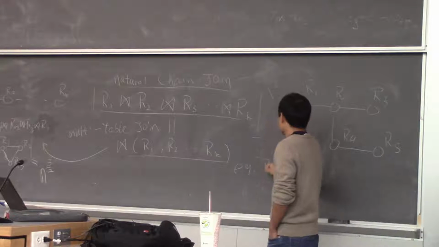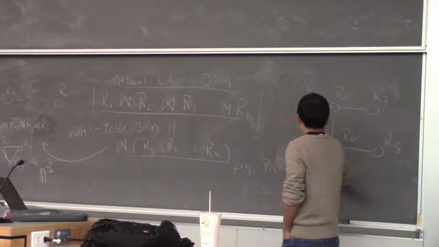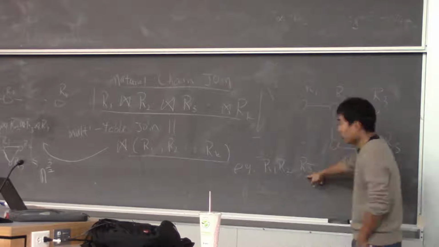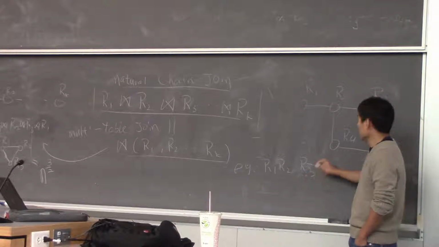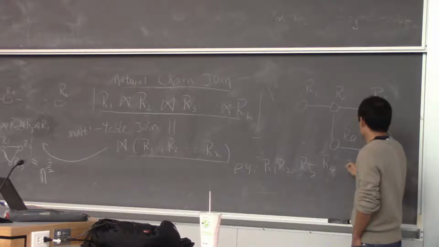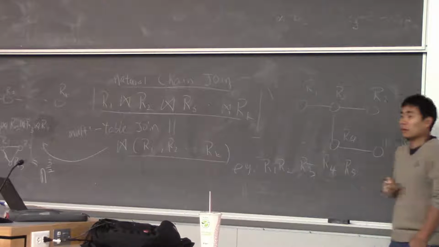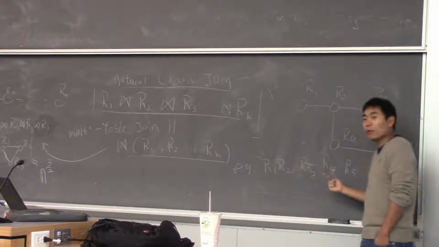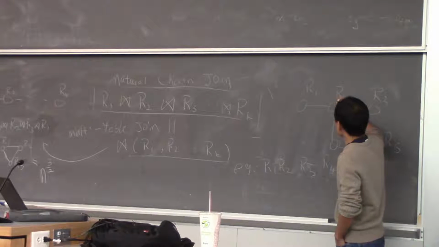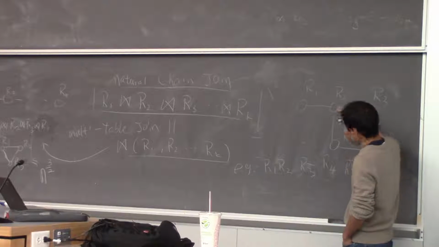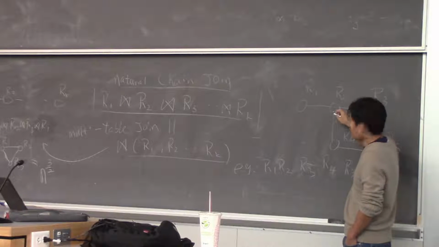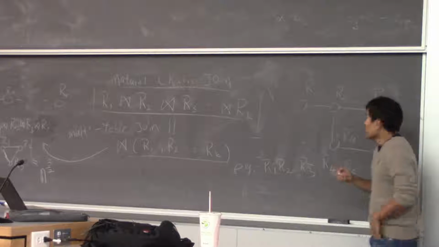One order will be this, but at this point, you join with what? This means the order in which you perform the join, meaning that you go from here to here, you go from here to here, then you come back and join this with this.